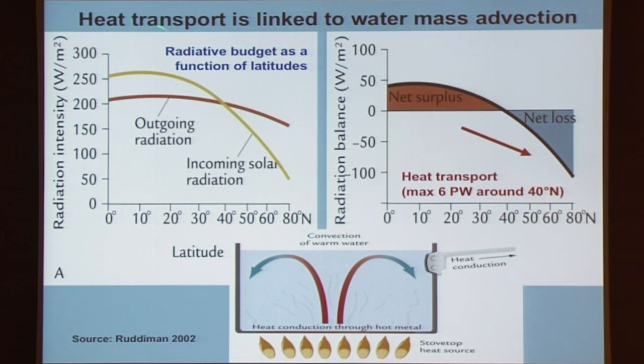We have an excess, and when we compare this with the outgoing radiation, mainly infrared, from the Earth, there is an excess heat in the low latitudes and a deficit in the high latitudes.